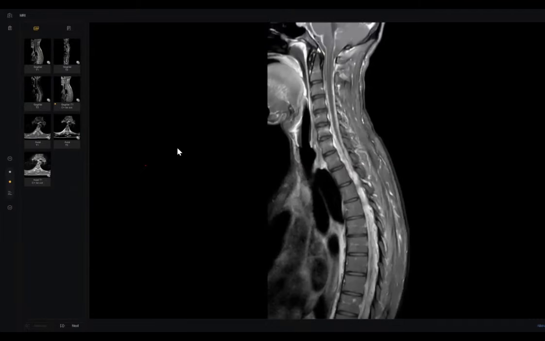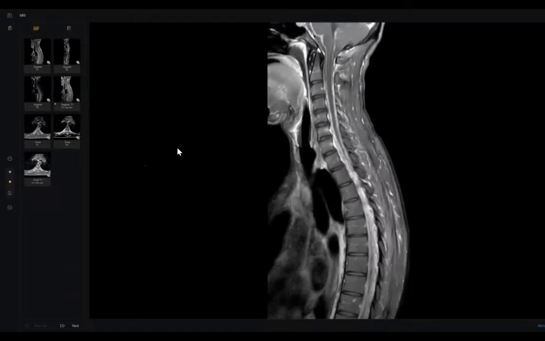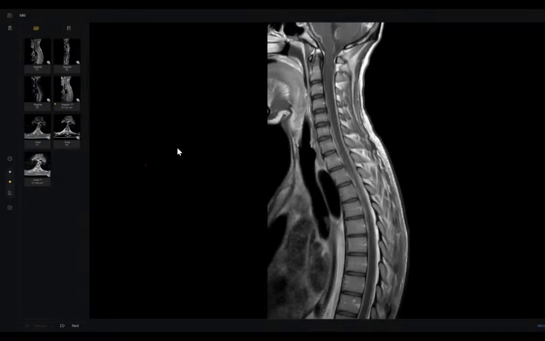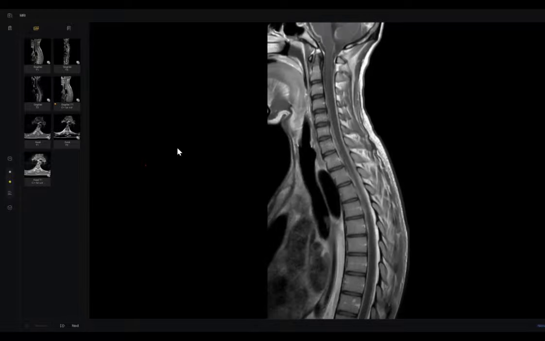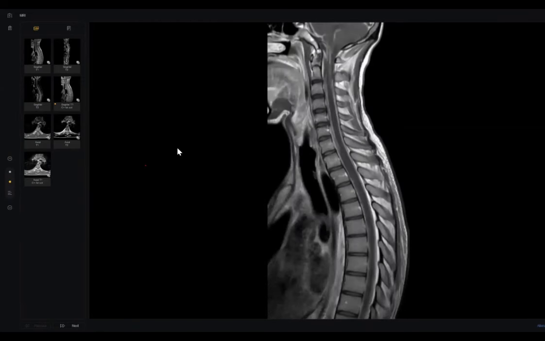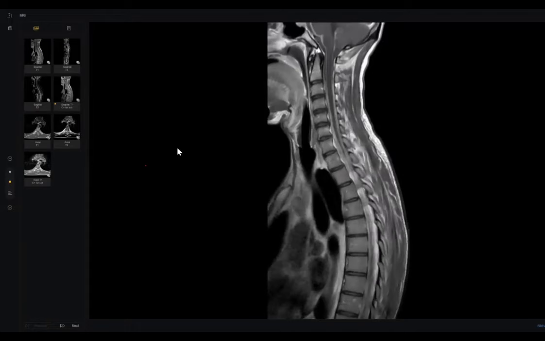On T1 sagittal post contrast, the cord showed enhancement. The previously noted lesion showed enhancement, and there is also diffuse dural enhancement extending into the brain stem.